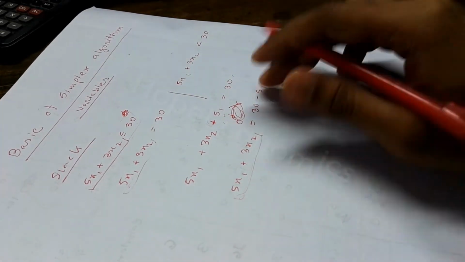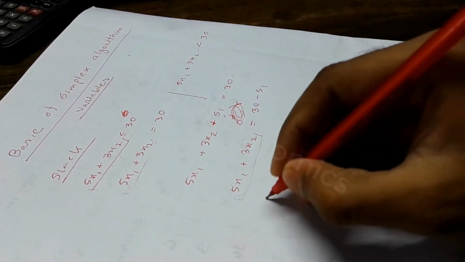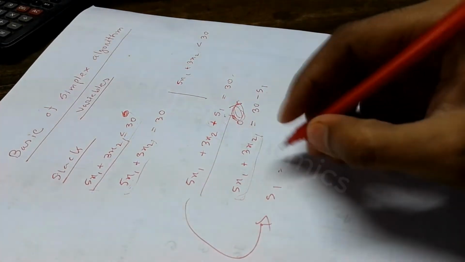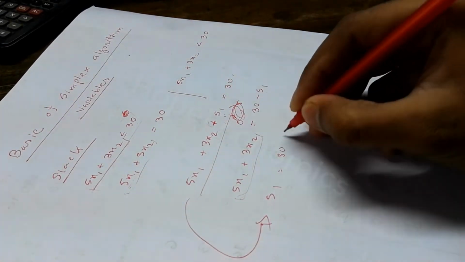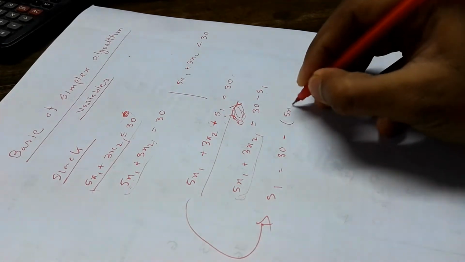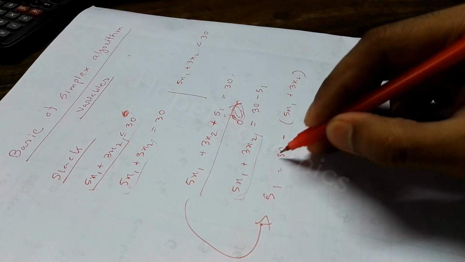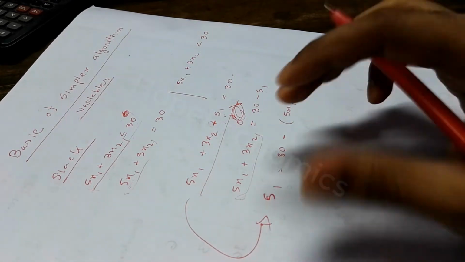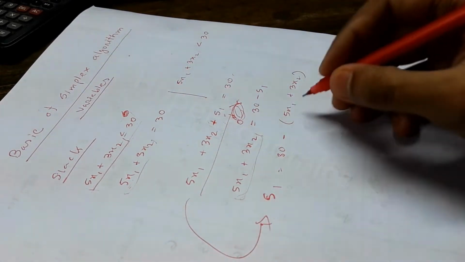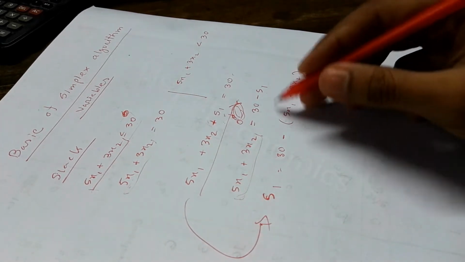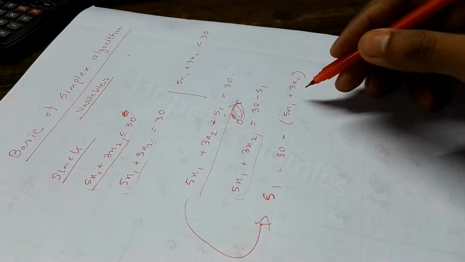We can say it using another equation: s1 is equal to 30 minus (5x1 plus 3x2). So this is the value of s1. It will be positive, and of course it will be the difference between 30 and the basic variables.